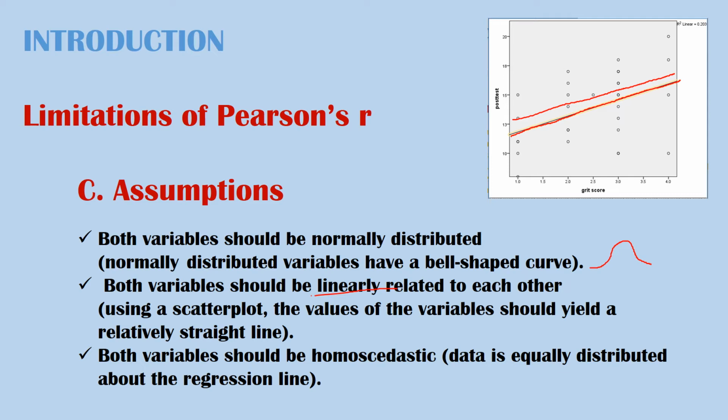That means that the data is equally distributed about the regression line. For example, if we pick this data and this data, both data have actually almost the same distance from this line. So both variables should be homoscedastic.